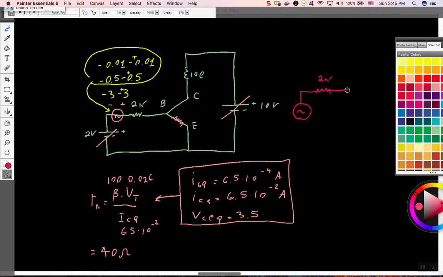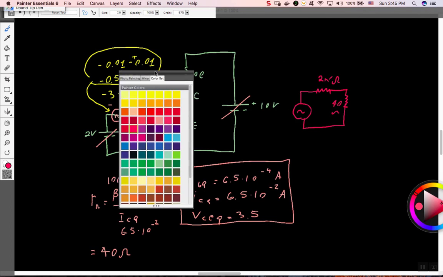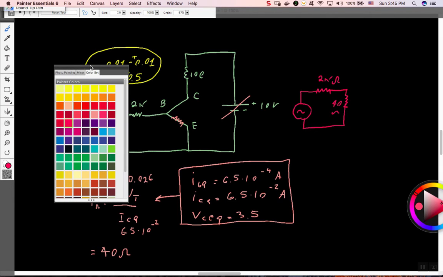And then it passes through VBE, but for a small signal, it's like a 40 ohm resistor. So this is 2K ohm, and this is 40 ohm. So that is what the small signal sees. And okay, so this is going to be tricky.